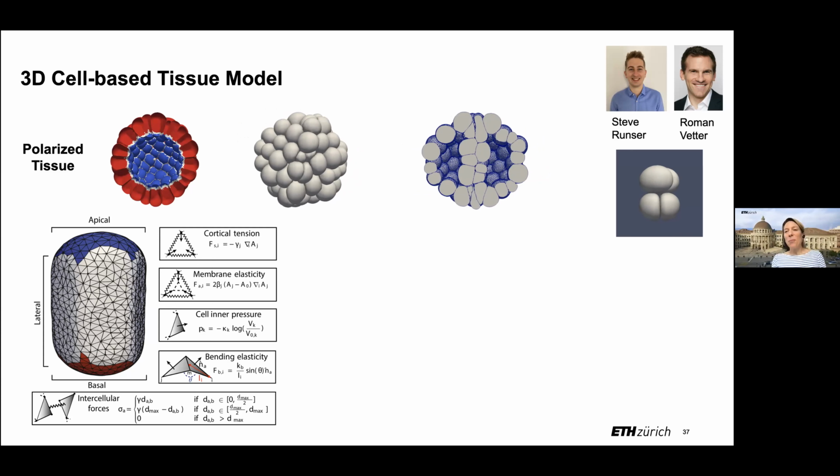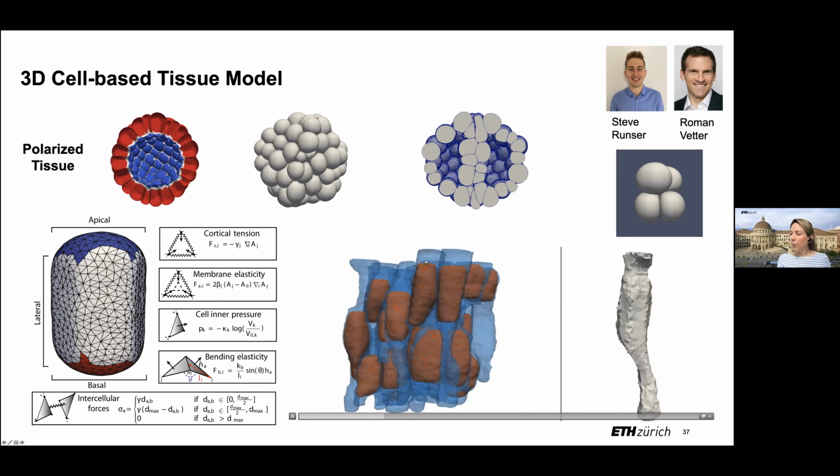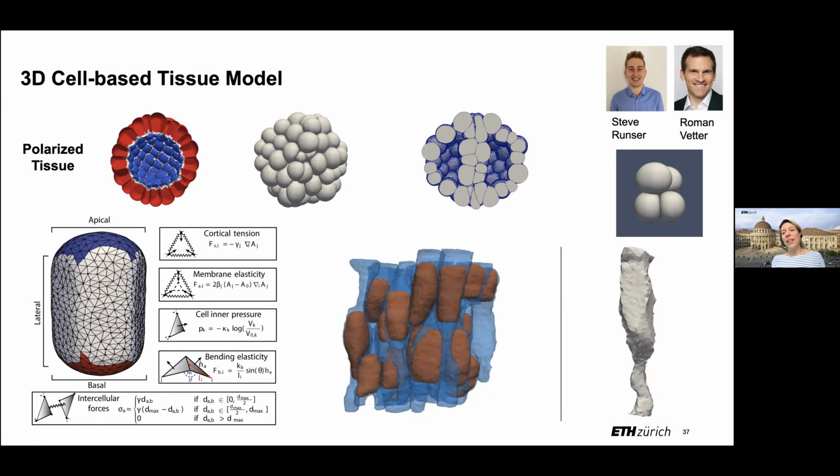And the thing I'm most excited about at the moment is that we can also import the geometries that we have extracted from our light sheet images. And so you're seeing here the tissue that we obtained from light sheet microscopy, the epithelial cells and the nucleus. We can import that into the software, and then we can optimize our parameters such that we maintain that shape.